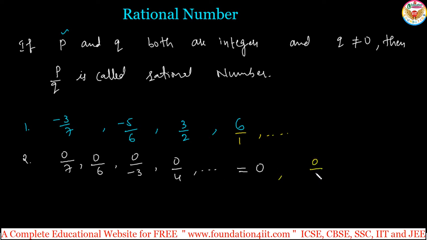So 0 by some x is equal to 0, but here x is non-zero. Except when the denominator is 0, 0 by any other number gives 0. So 0 is also a rational number. These are the concepts you can apply for rational numbers: P by Q form and Q is non-zero. This is the main thing.